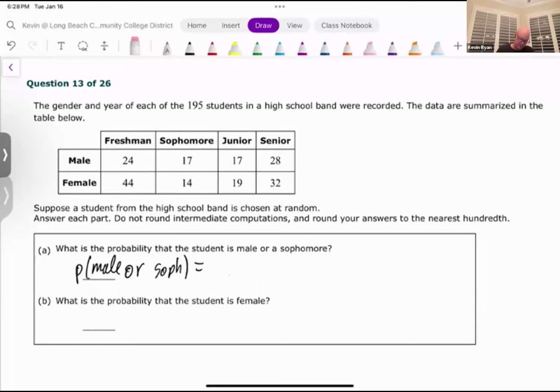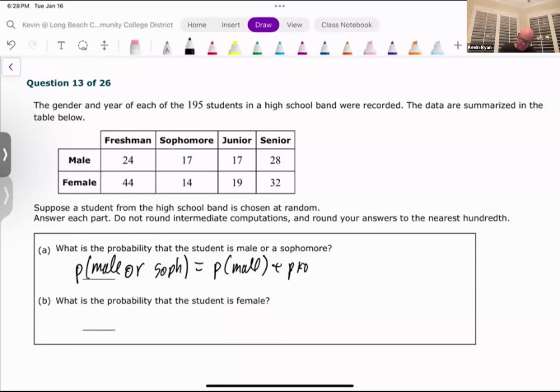This one's messy. I forgot. So this one's the probability male plus the probability sophomore minus the probability of male and sophomore.